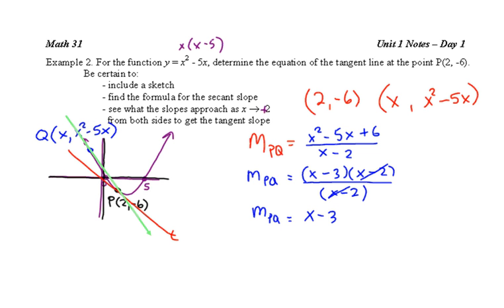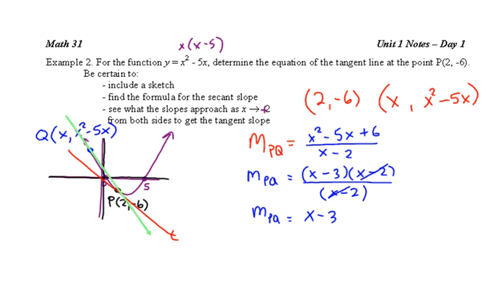Here's the thing about limits, and we're going to get into this in more detail. Just because it's a non-permissible value, or a hole in the graph, doesn't mean the limit doesn't exist. The limit is basically what number is being approached from both sides.